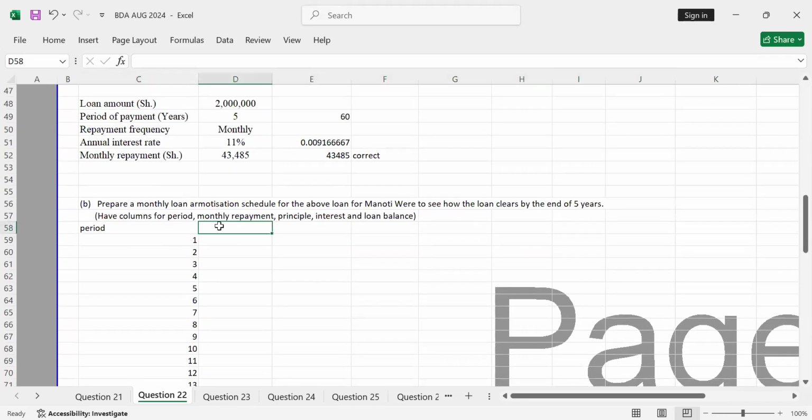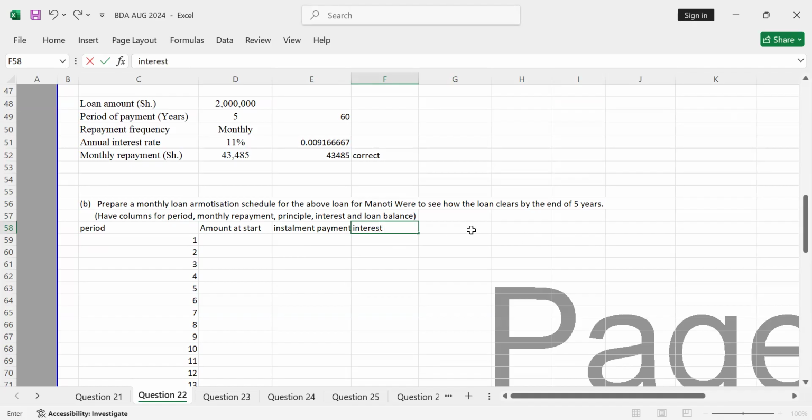Then from there, we normally have the amount at the beginning, the amount at the start. We'll also have the installment payment, which is now the monthly payment. We'll also have what we call the interest expense.